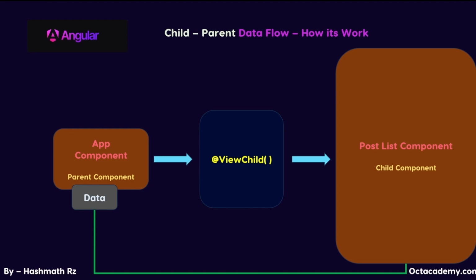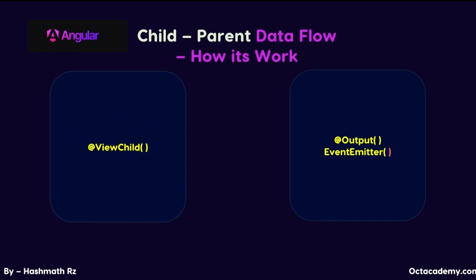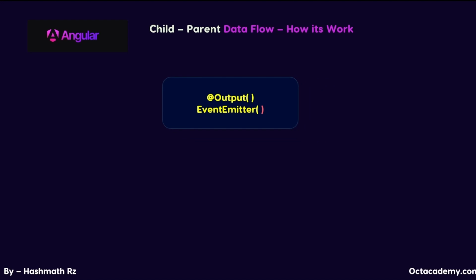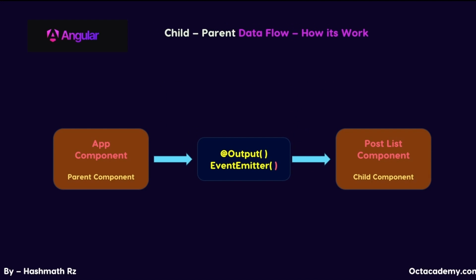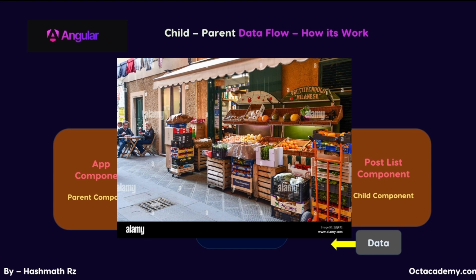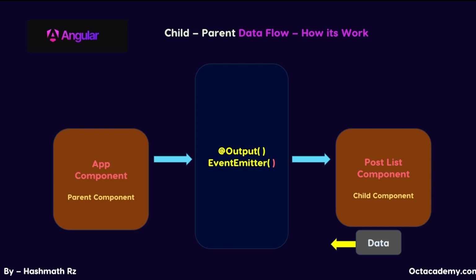So as a solution for this, we have the output decorator and the event emitter approach. With this, we are sending only the required data to the parent component from the child component, rather than giving full access to the child component. If we take the same example scenario of buying a toilet paper roll, rather than going to a big supermarket, we can simply go to a small grocery shop and ask the shop owner what we need, and they will provide it.